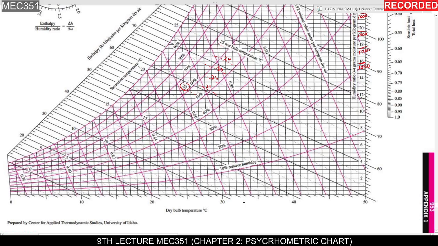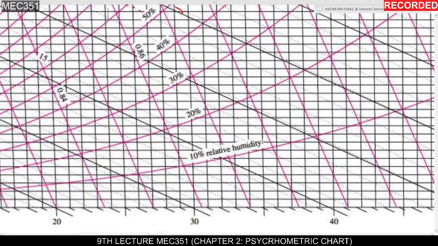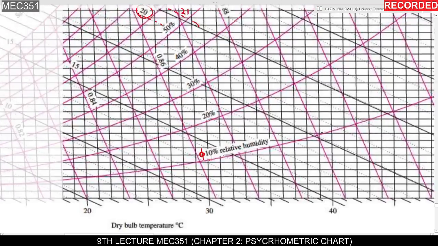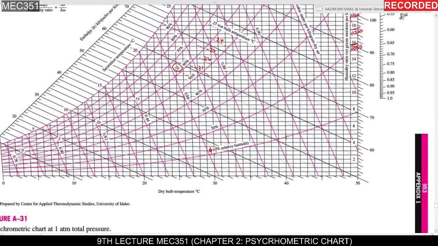Okay, and you can see here 10% relative humidity. So this is the phi. Okay, this curvy line here, all along this curve line, the value of relative humidity is 10%.